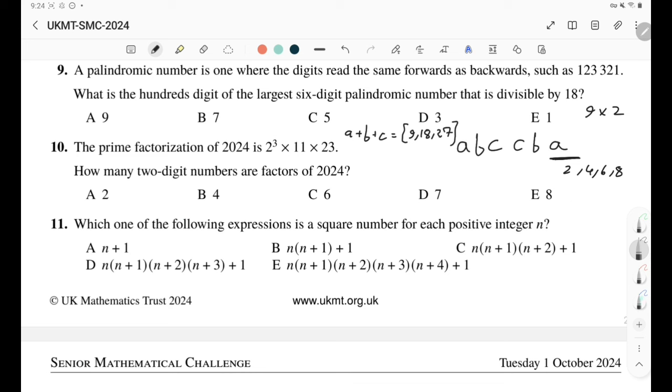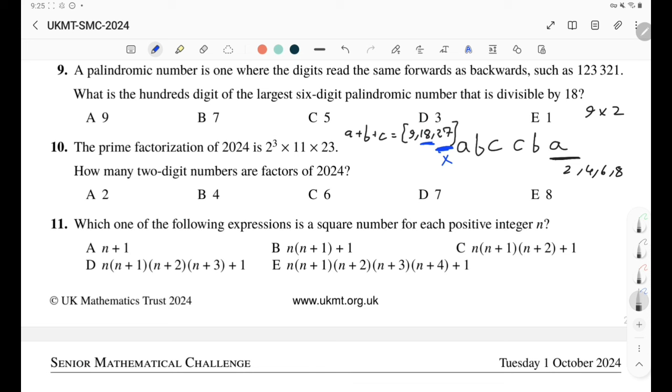If the sum is 27, then all of them are 9s, but A would not be even, so that is not accepted. So we can have either 9 or 18. Since we're trying to maximize our number, we should pick 18.